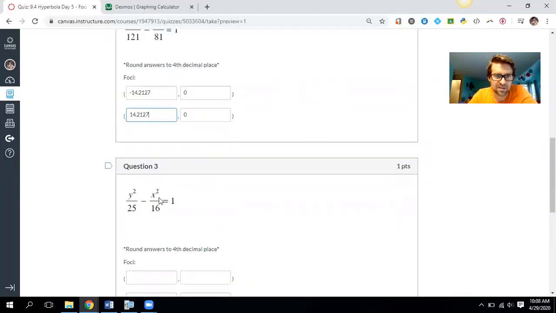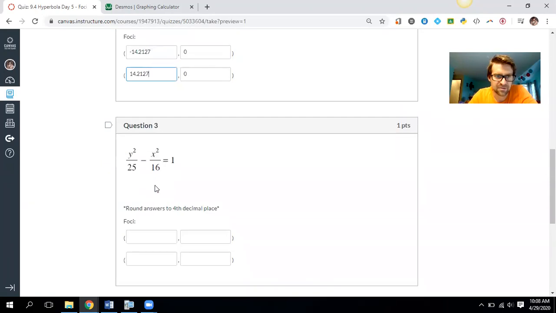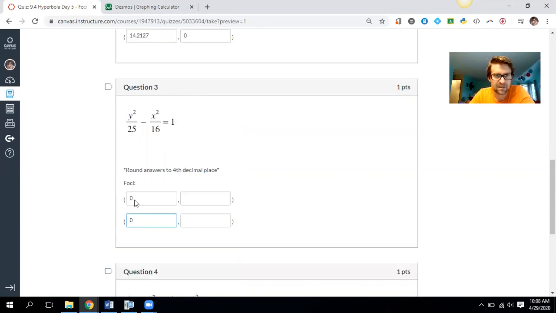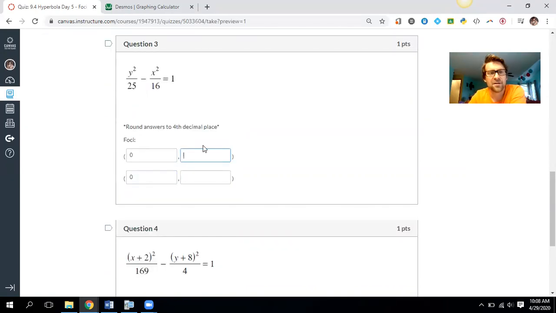So our number next to the x, h is 0, so we're going to have zeros in front of here, 0, 0 for both of these. But now we got to figure out this number here. And so that other number that changes is, in this case, the k number, which is 0, because there's nothing special there, plus or minus the square root of these two numbers added together.